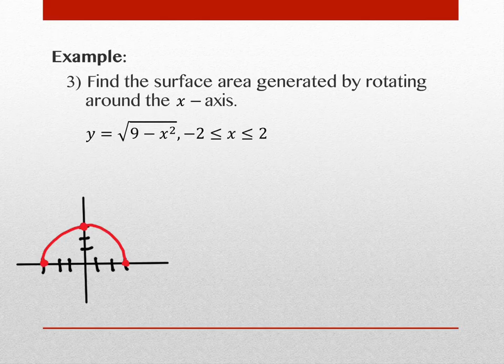It's not perfectly symmetric, but I think we have the right idea. There is a little bit of a nuance to this. I'm not shading everything underneath it. It says I'm supposed to go from -2 to 2. So I'm going from here to here, and shading in between. So the graph is shaded right in here. Okay, is that okay?